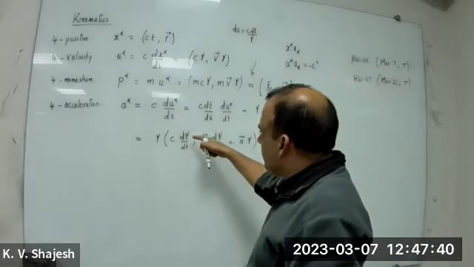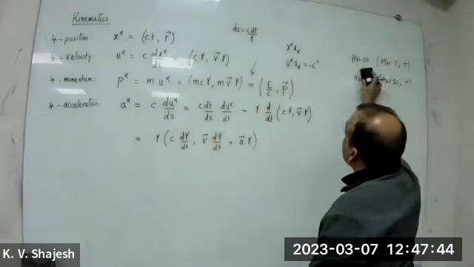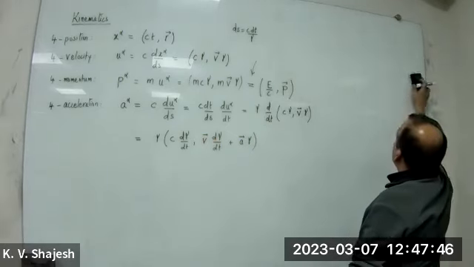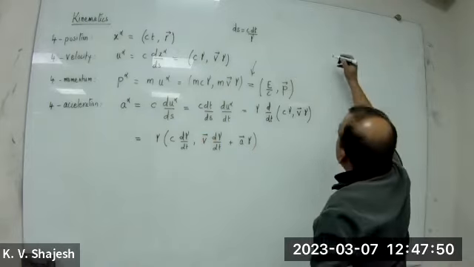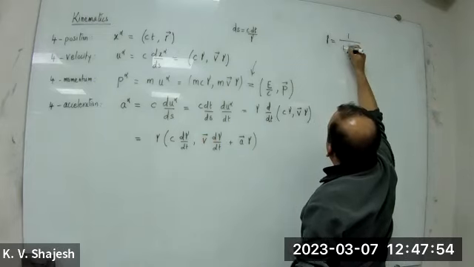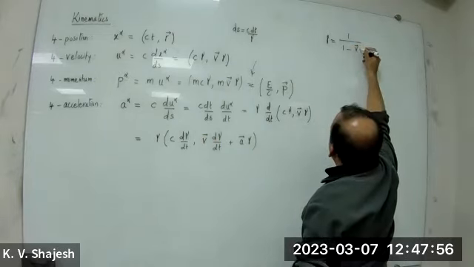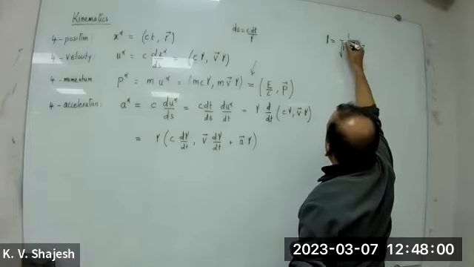It's convenient to take the derivative of gamma. So let's do that. Gamma, remember, is equal to 1 over the square root of 1 minus v dotted with v over c squared.